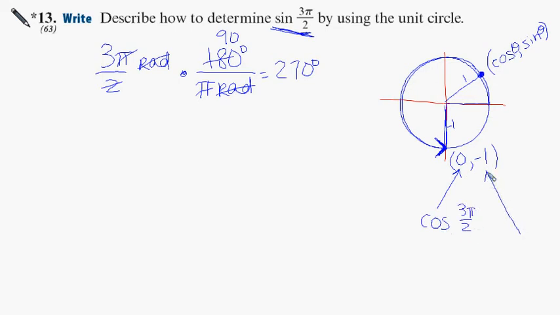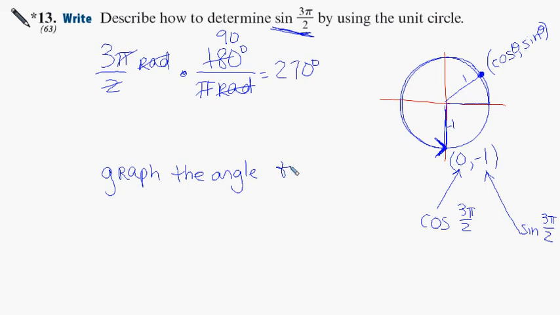For this value here, we have the sine of 3 pi over 2. So how do you determine the sine of 3 pi over 2 by using the unit circle? Graph it. Okay, graph the angle, which is what we did.